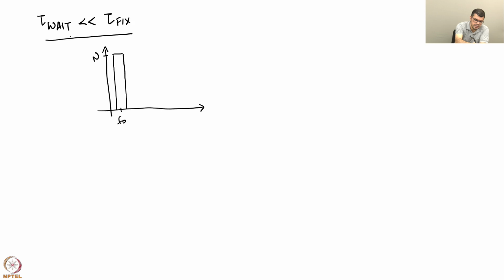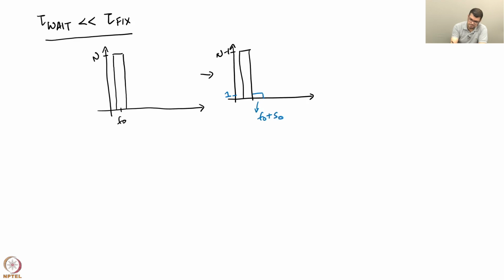Now, tau wait is really small. So, I do not have to wait for a mutation to come up for very long. So, this system transitions relatively soon to the following. This is N minus 1 and let us say this is 1. So, this beneficial mutation has occurred fairly rapidly, and this beneficial mutation is at fitness F naught plus S naught.